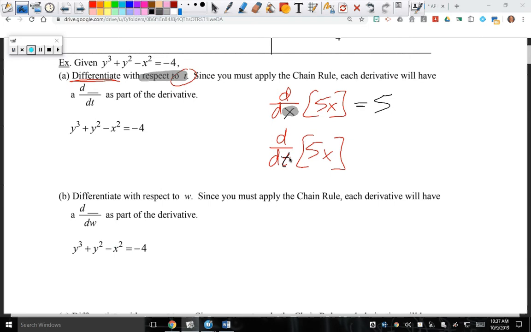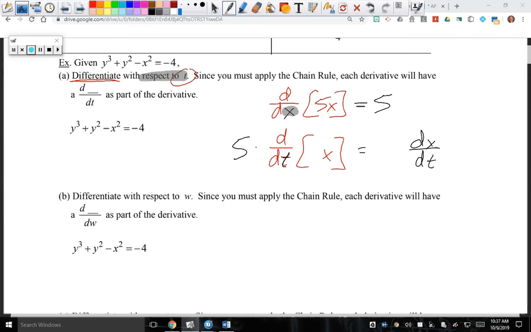Okay? First of all, let's look at 5 in constant multiple rule. We're going to move it out of the way, almost like factoring it out. What's the derivative of x if I give the respect to t? It's dx dt.